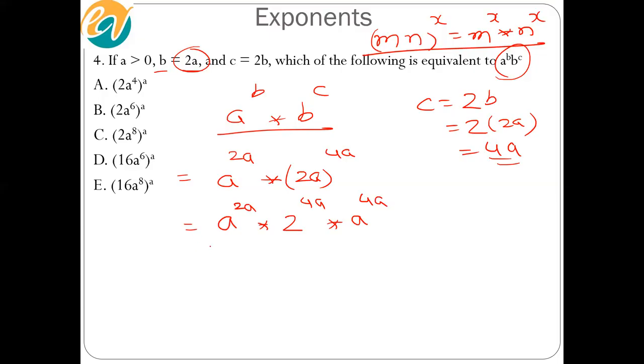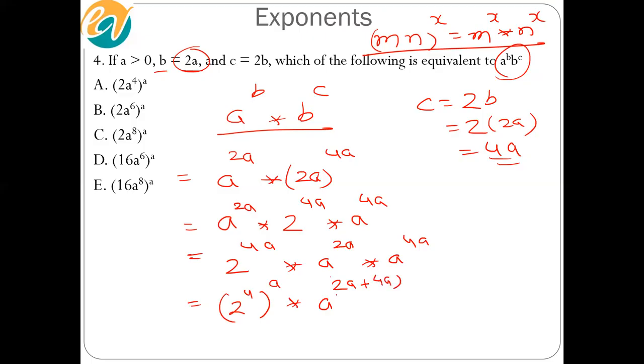Yes. So I'm just realigning this: 2 raised to the power of 4A into A raised to the power of 2A into A raised to the power of 4A, correct? Now 2 raised to the power of 4A into A raised to the power of 2A plus 4A.